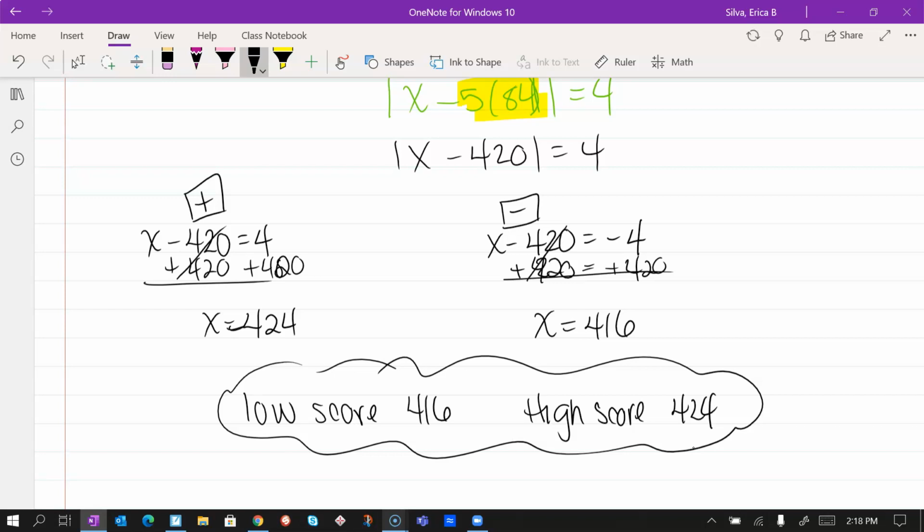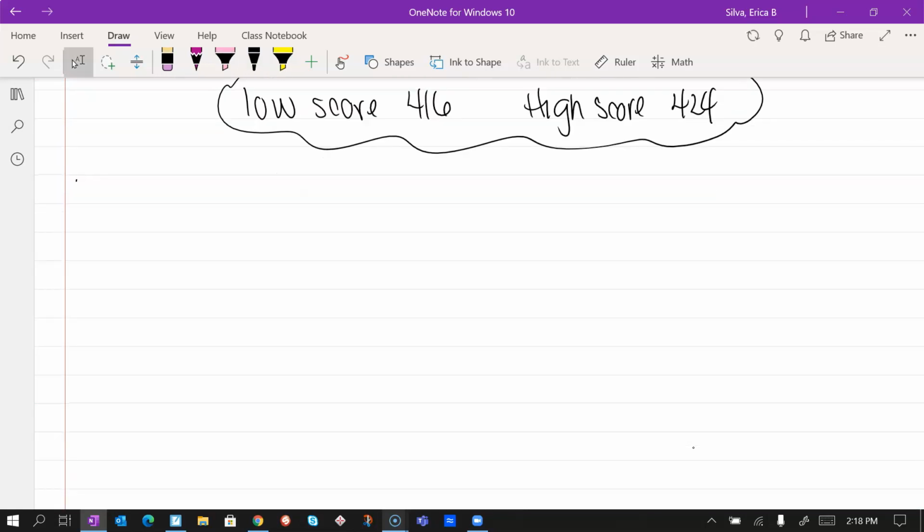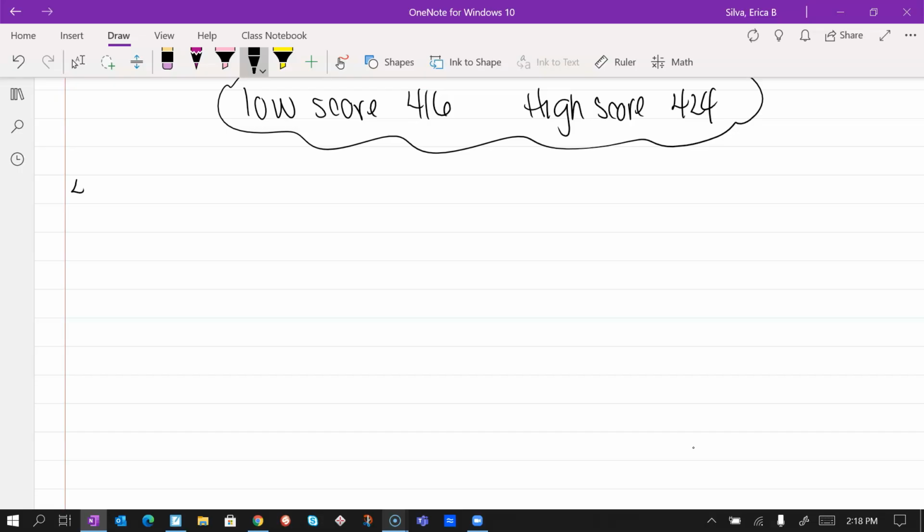All right, now let's look at number 4. Number 4 is an inequality problem.